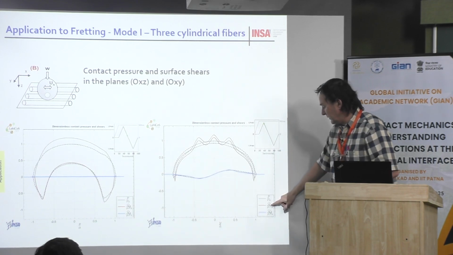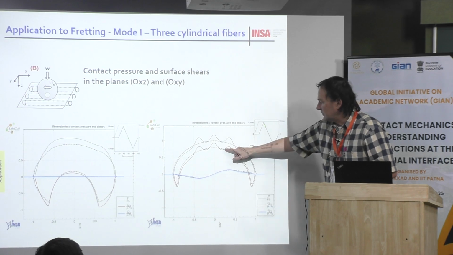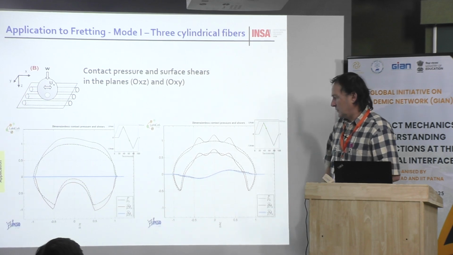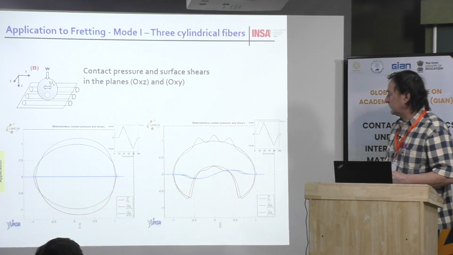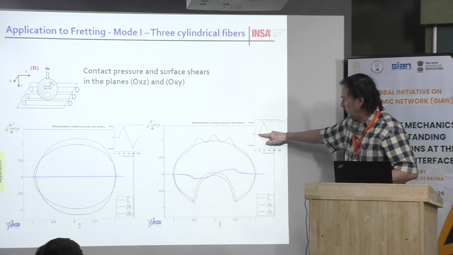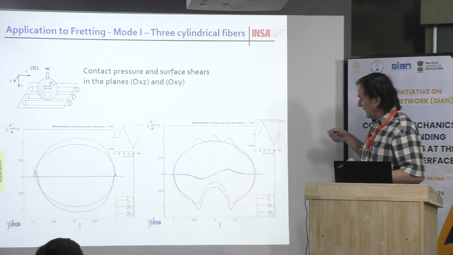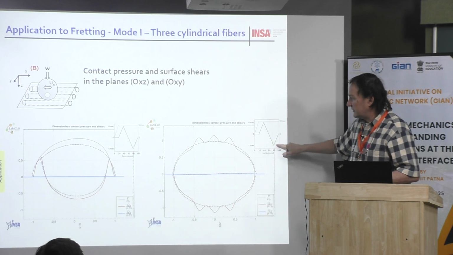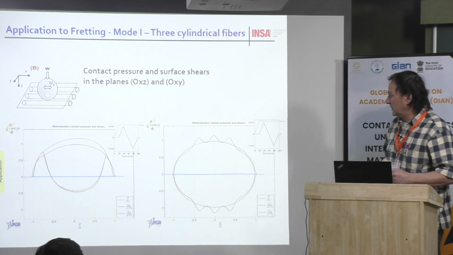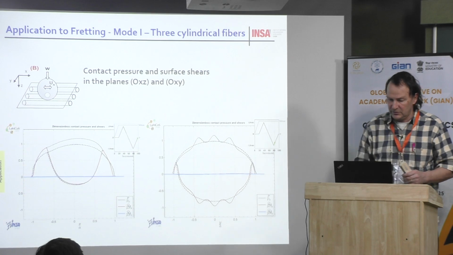And along the X direction, this is the red curve. Okay. You can see the movement. This is loading, the fretting displacement. This point is moving like that. Okay. It corresponds to the same simulation.